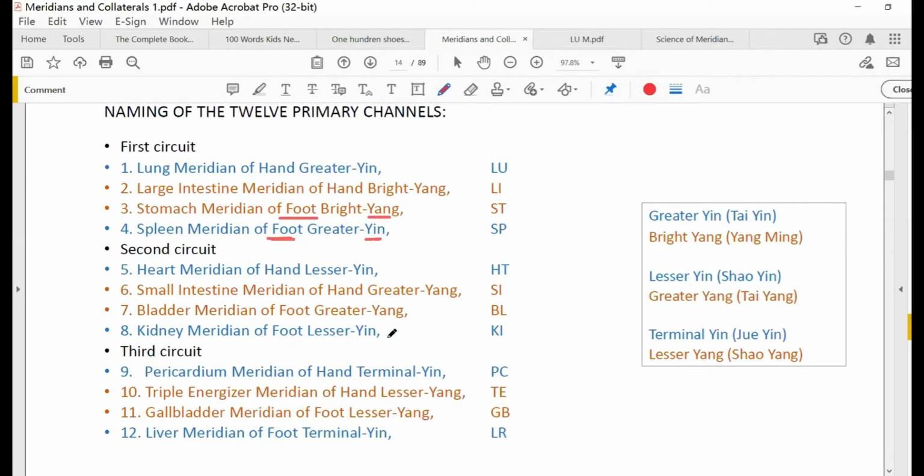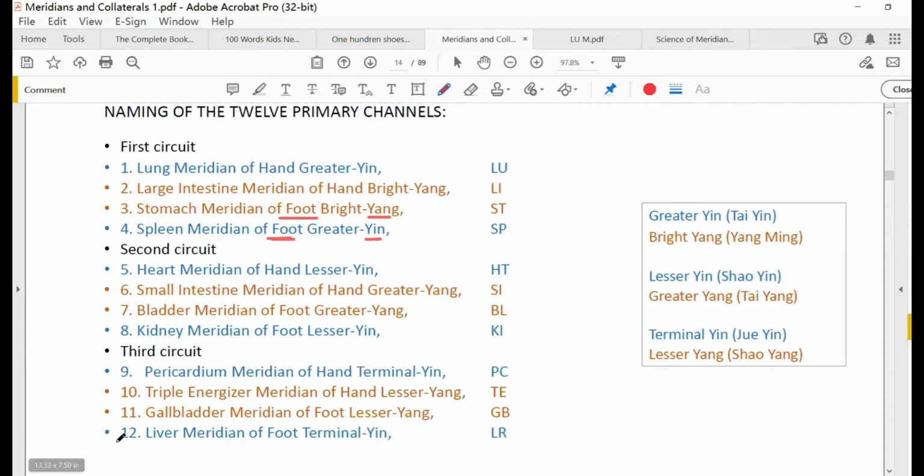And another one: pericardium of hand terminal yin, triple energizer of hand lesser yang, gallbladder meridian of foot lesser yang, liver meridian of foot terminal yin.